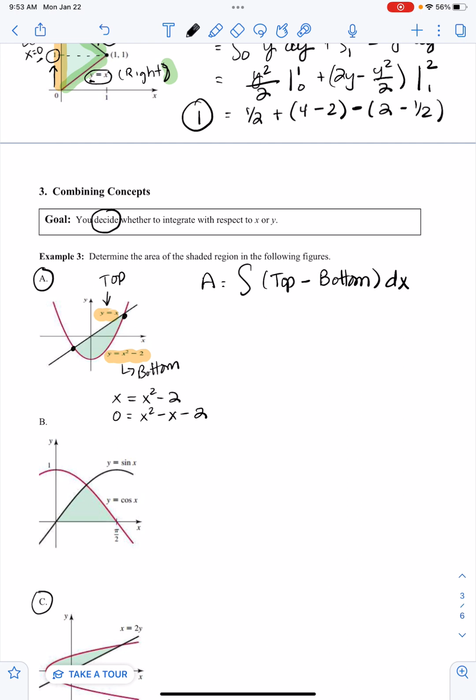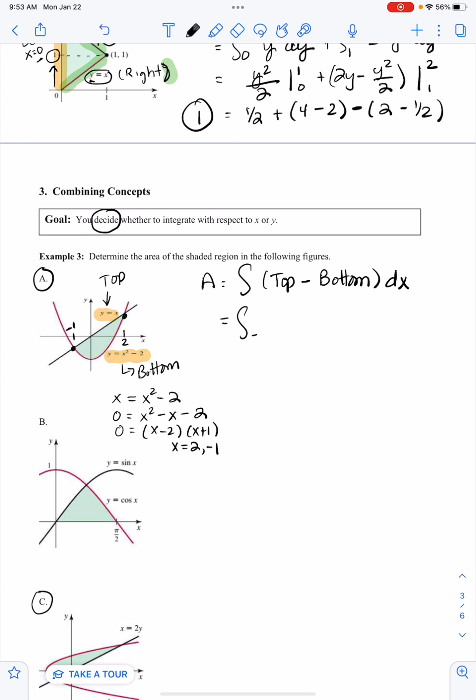And then we can easily factor that and get x minus 2 and x plus 1. So x equals 2 and negative 1 are going to be our limits of integration. So 2, we can mark that on our picture, would be the point of intersection there. We don't need to find the y value. And then negative 1 would be right there.